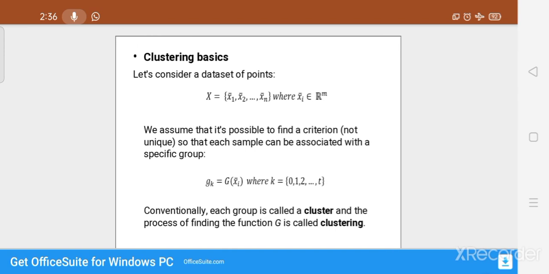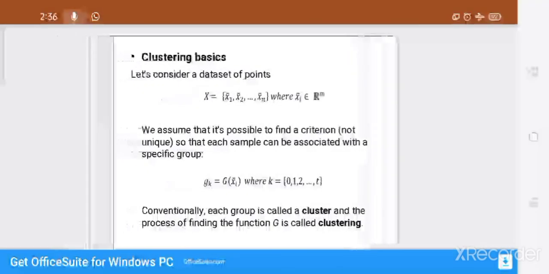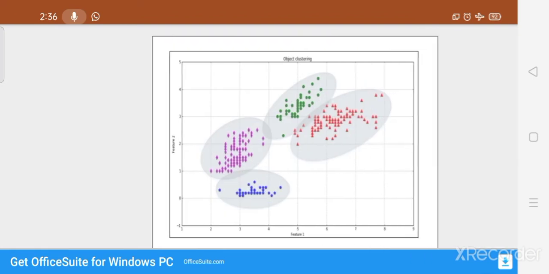Now here certain clustering basics are given. Here X is considered as the data set with different points, and certain criteria are mentioned to specify a group, and finding that group is nothing but clustering.